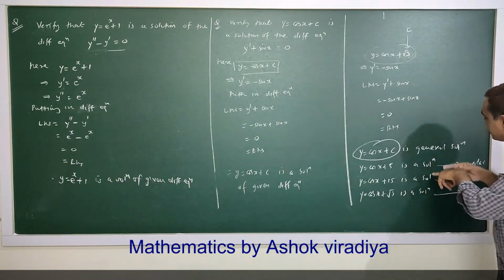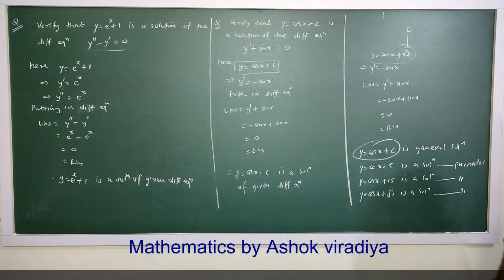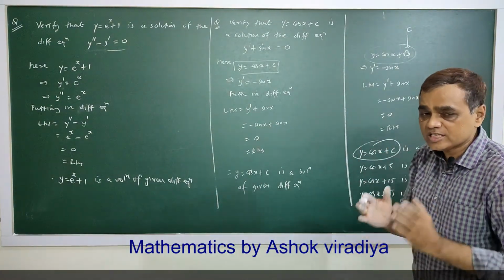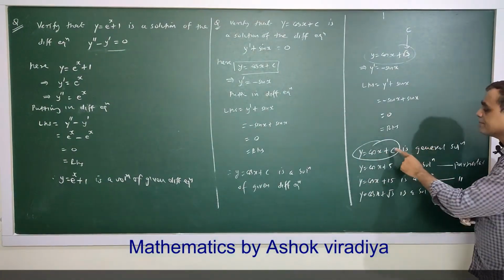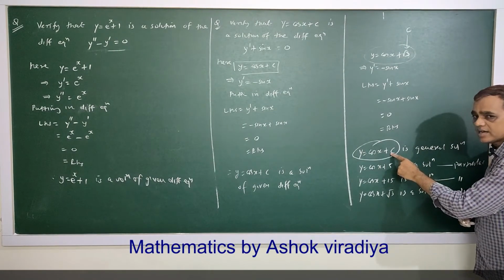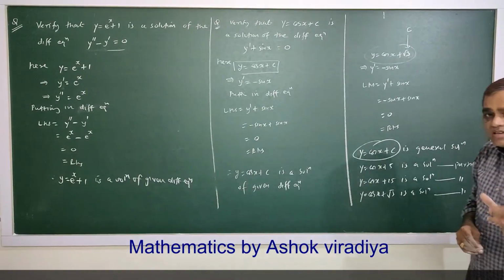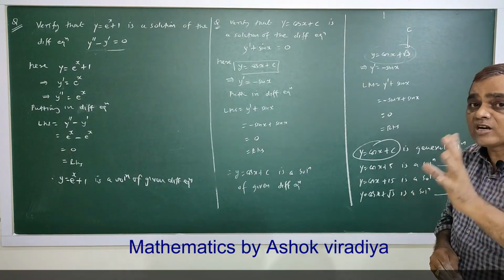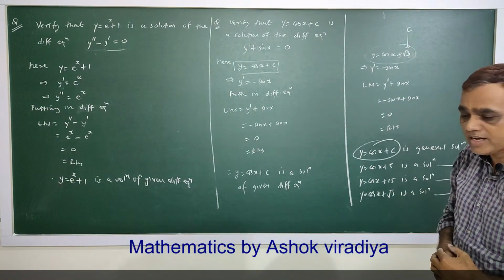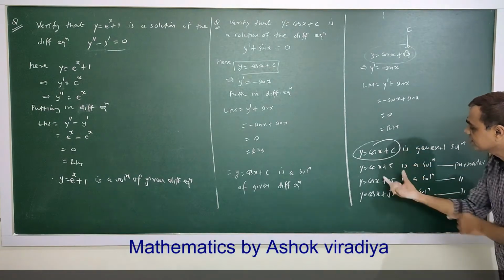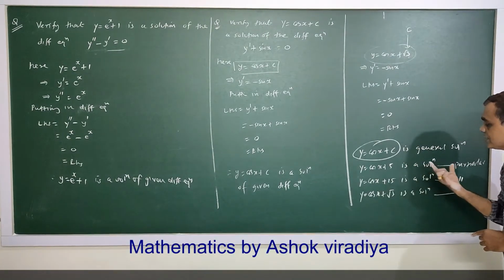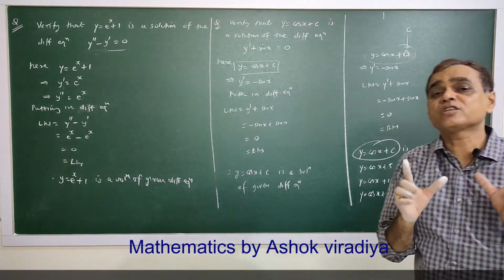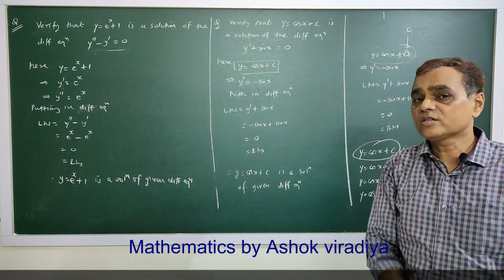So these are particular solutions. So in this whole chapter, wherever the equation of a curve contains an arbitrary constant, and if it satisfies the differential equation, then it is said to be a general solution. And with a particular value of c, if the curve satisfies the equation, it is said to be a particular solution. This is the meaning of general solution and particular solution.